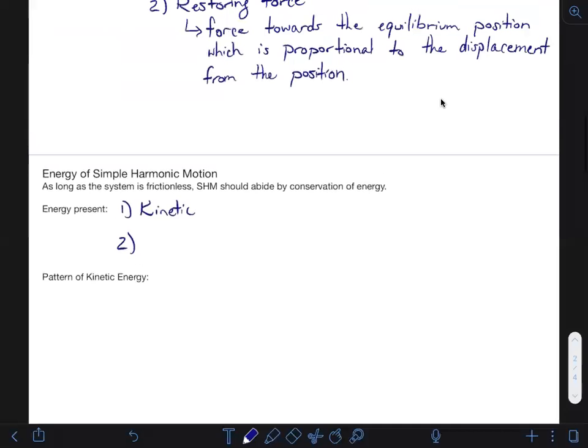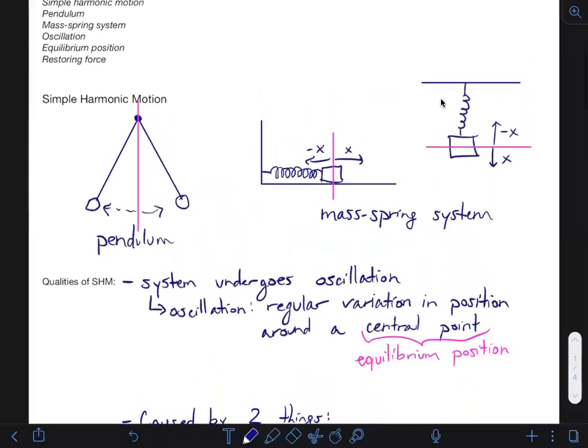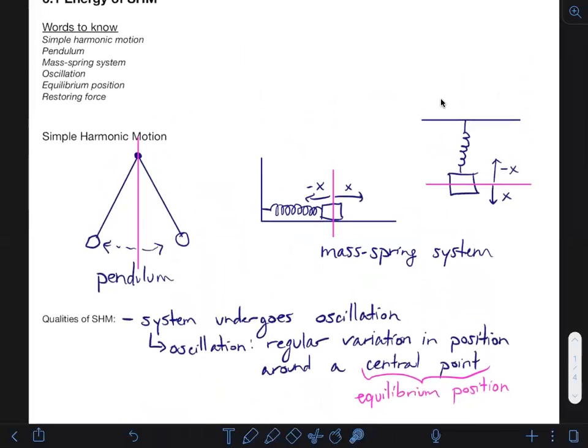And the other kind of energy depends on whether we're looking at a pendulum or a mass spring system. I'm going to take this horizontal mass spring system as my example here.